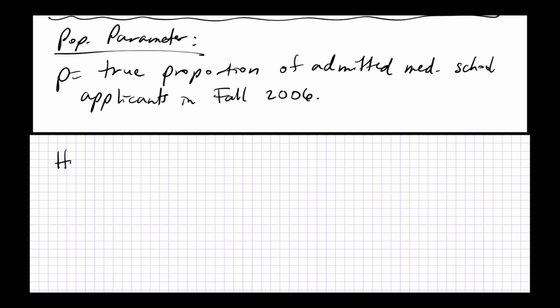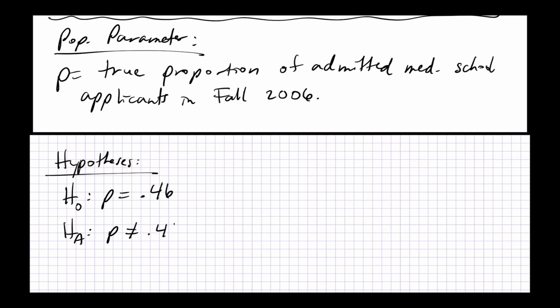Okay, so hypotheses. The claim is 0.46. We said not equal to because it said just a change. Has that number changed? Not for the better, not for the worse, just changed. Okay.